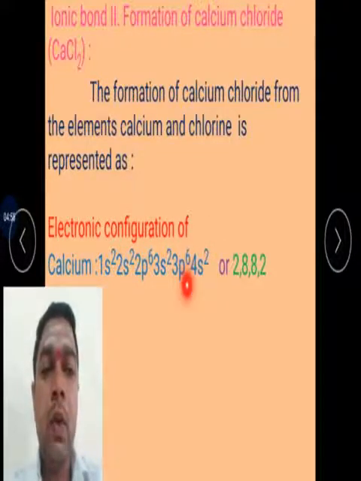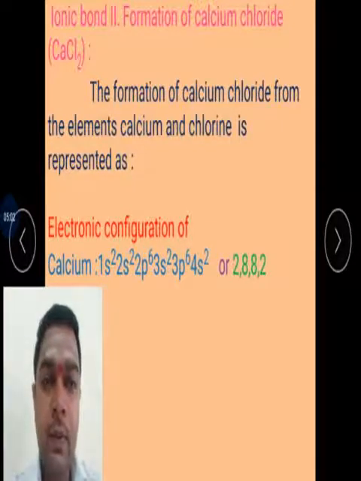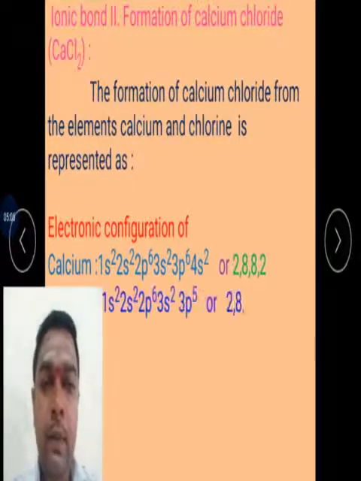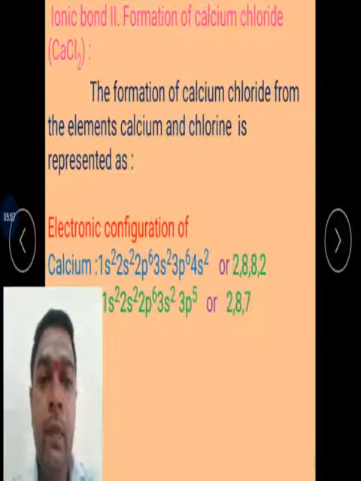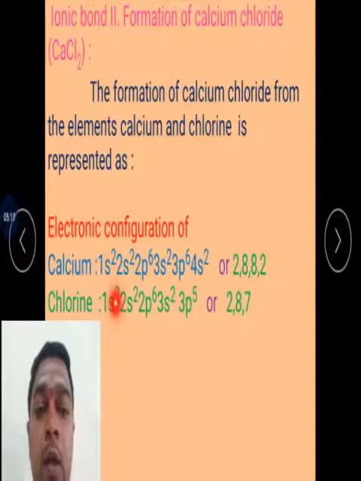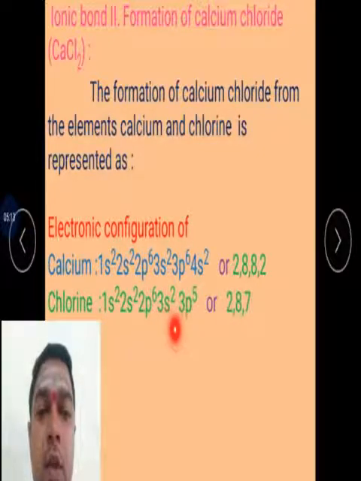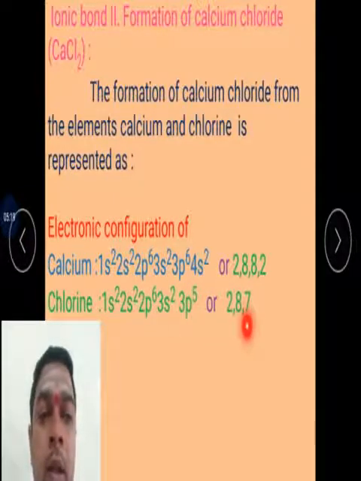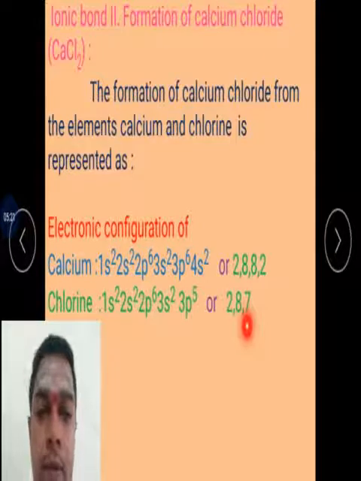Therefore, the outermost shell of calcium contains 2 electrons. The chlorine electron configuration is 1s2, 2s2, 2p6, 3s2, 3p5, so the outermost shell 3s2, 3p5 contains 7 electrons.